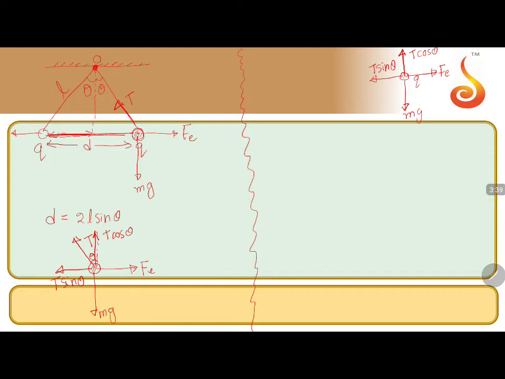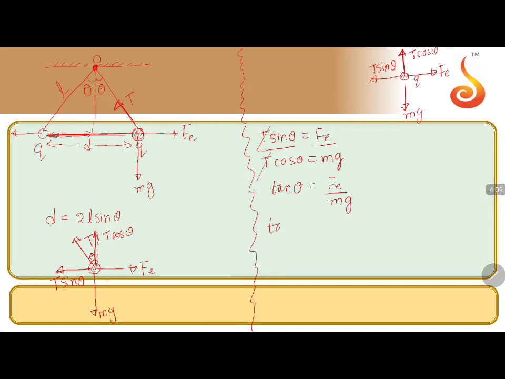For equilibrium, T sin theta will be equal to Fe, and T cos theta should be equal to mg. Upward force should be equal to downward force, and leftward force should be equal to rightward force. When you take the ratio of these two, you get tan theta equal to Fe divided by mg.